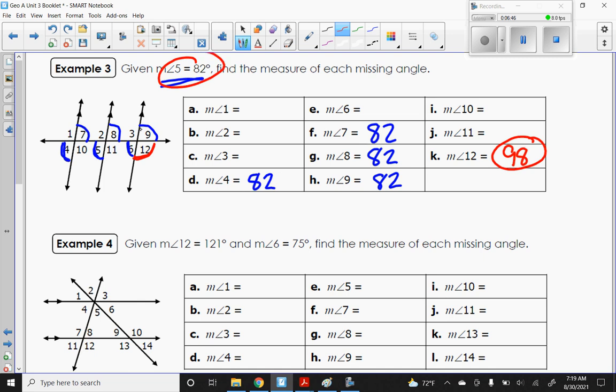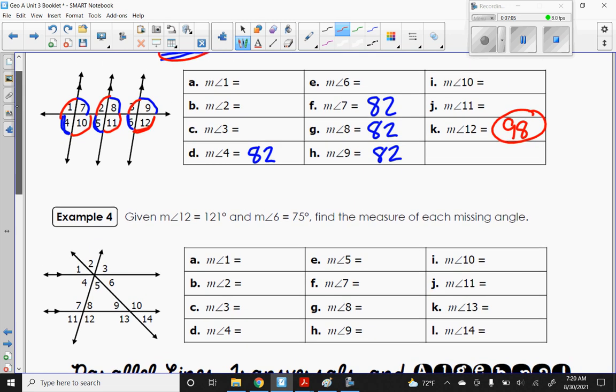To finish this off, 11 is corresponding to 12 and congruent. 10 is congruent. And then look at these vertical combos. So all those red angles are 98 and the same measure. And all the blue are 82 and the same measure.